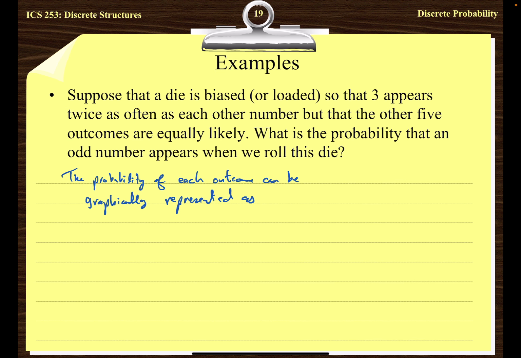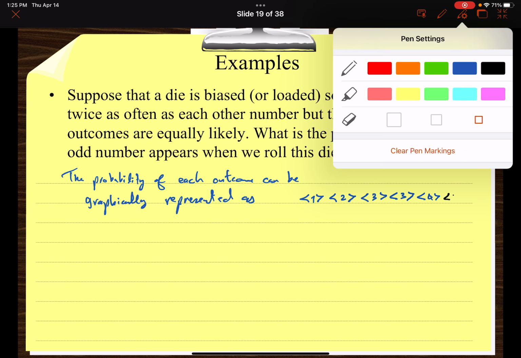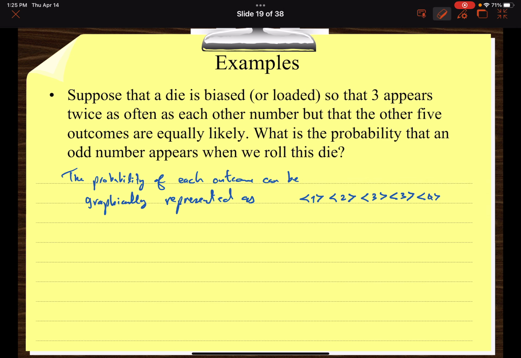So let's say that if we have 1, 2 appears once, 3 will appear how many times? 3 will appear twice, right? And then we will have 4, and then we will have 5 and 6.